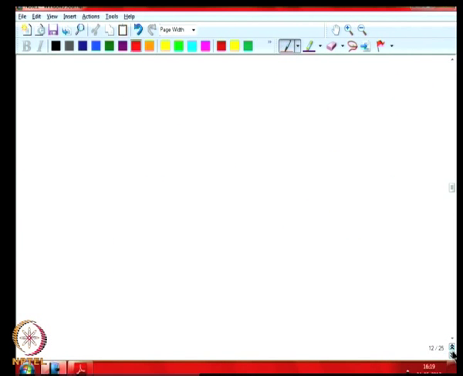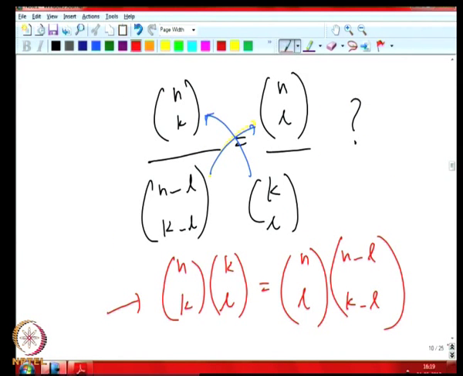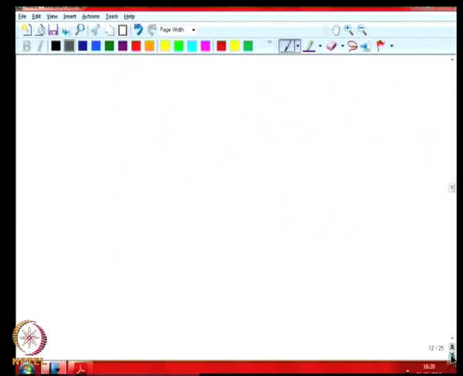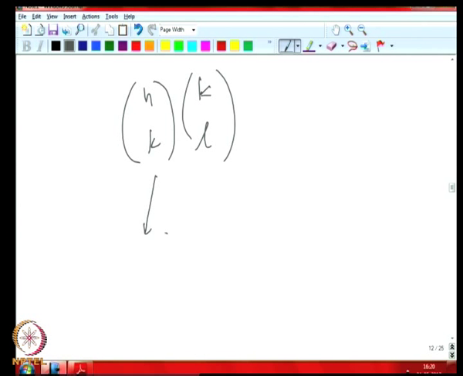Or if you want to get a combinatorial proof of that, we can try. So, what does it mean? This side, n choose k into k choose L, means we have first selected a k element subset here, then we have selected an L element subset of it.